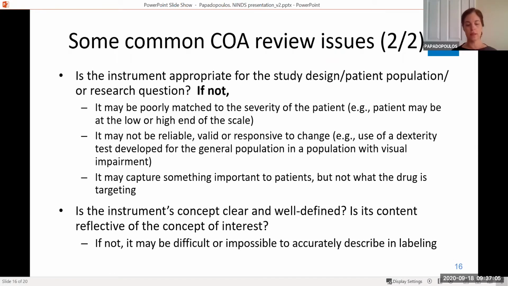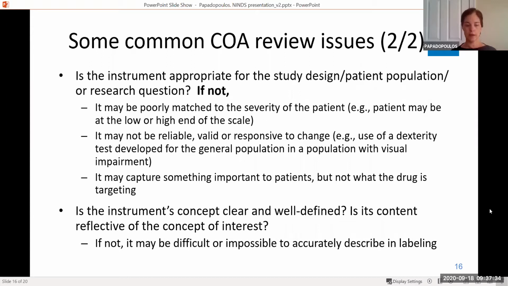Some other common COA review issues are shown here. Is the instrument appropriate for the study design, patient population, or research question? If not, the risk is that it may be poorly matched to the severity of the patient, so that the patient may be either at the low end of the scale or the high end of the scale.